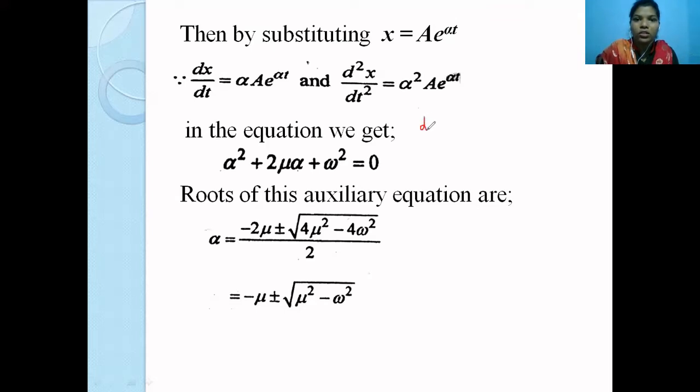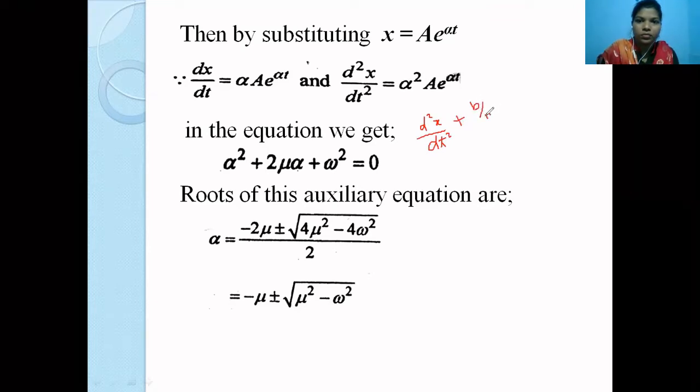The equation that we have is d2x by dt square plus b by m dx by dt plus omega square, which is k by m, into x equals 0.